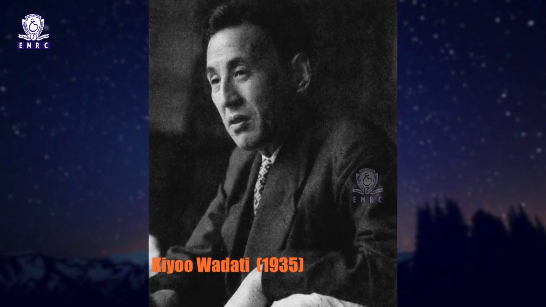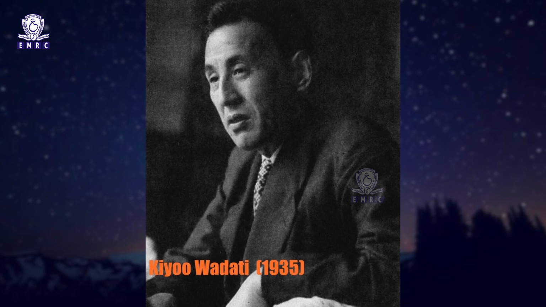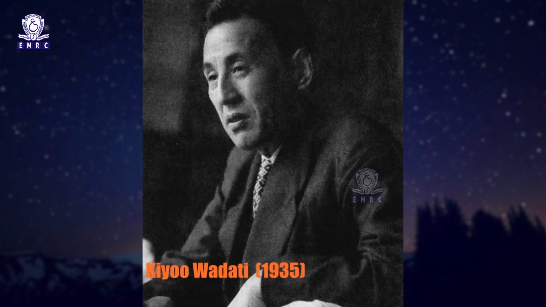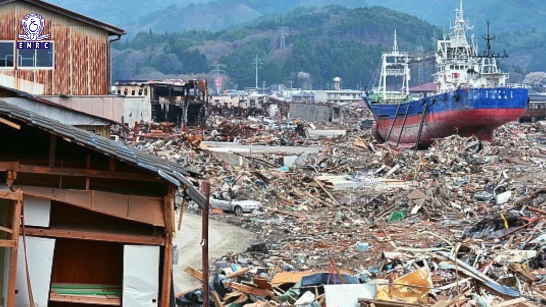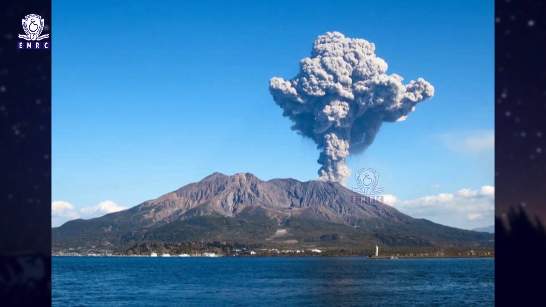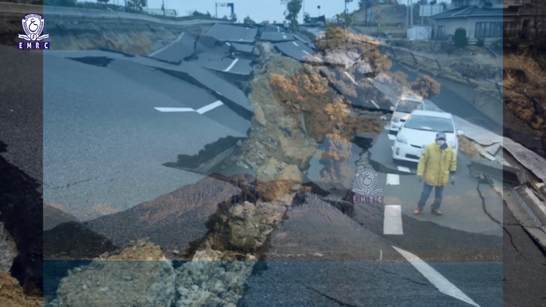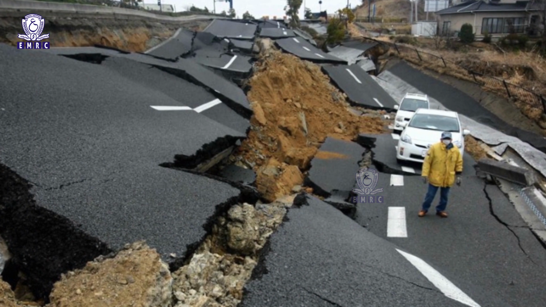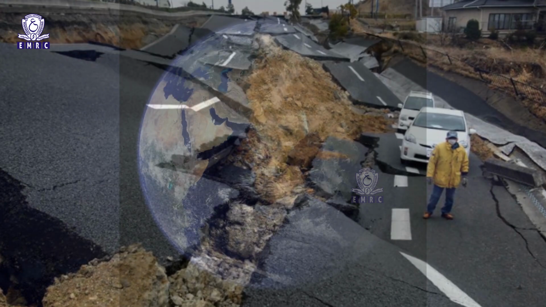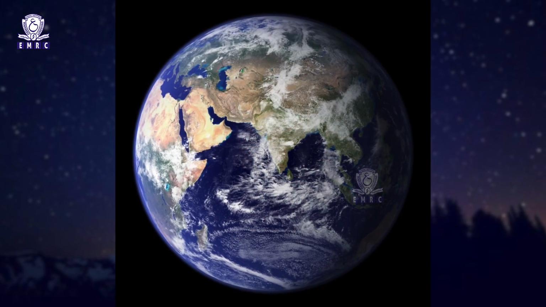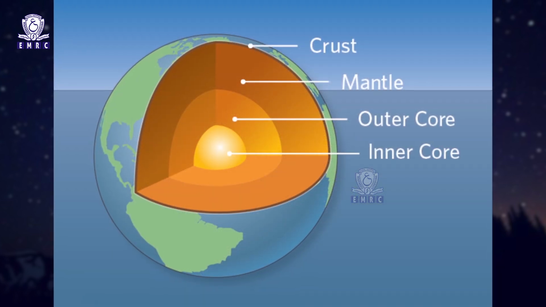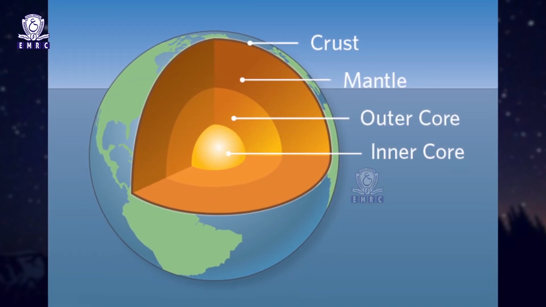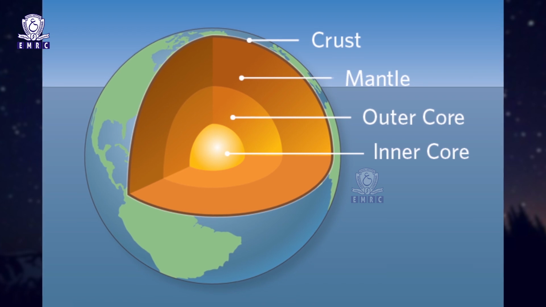In 1935, Kiyoo Wadati, a Japanese scientist, speculated that earthquakes and volcanoes near Japan might be associated with the continental drift. Deep focus earthquakes did not occur randomly over the Earth's surface, but were concentrated in zones that extended in lines along the Earth's crust.